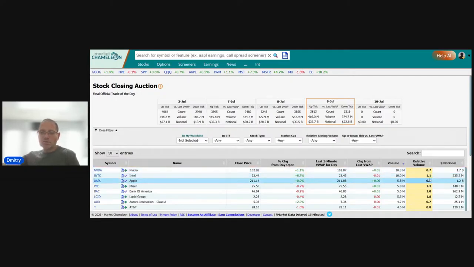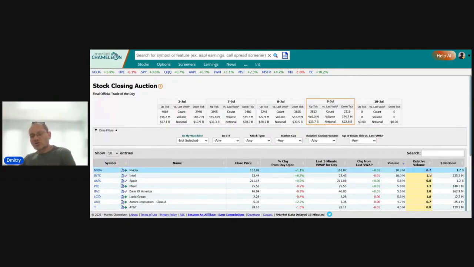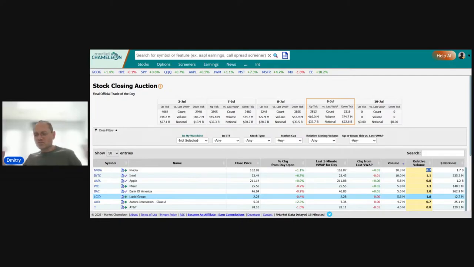Below 1 suggests today's volume is lower than the average daily; above 1, it was higher than the average, and this gives us the ratio of how much. So yesterday we were below the average, so not significant volume for Nvidia at the close.